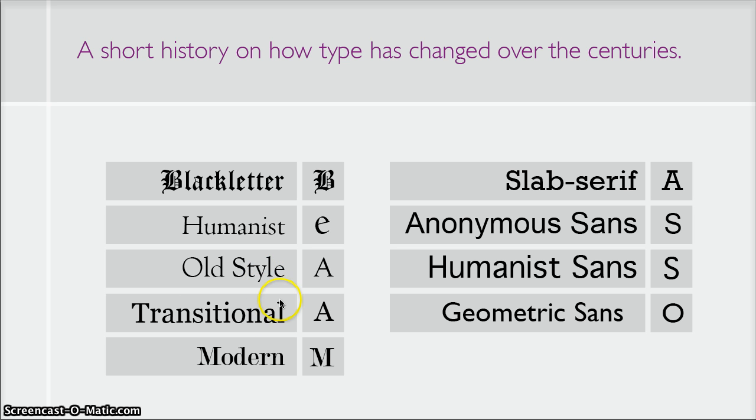The old style also fits into the transitional type, and you can start to see that the stroke on the right side of the A is starting to get a little thicker, with thicker strokes or serifs, and you can notice that it's starting to become more of a type rather than an almost handwritten type.